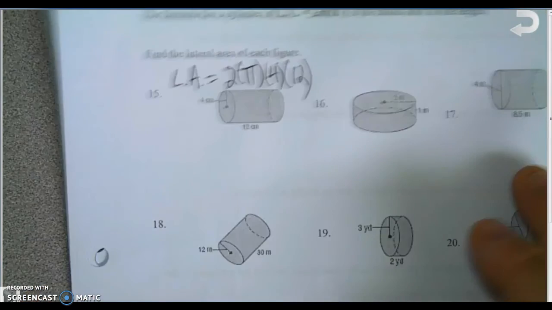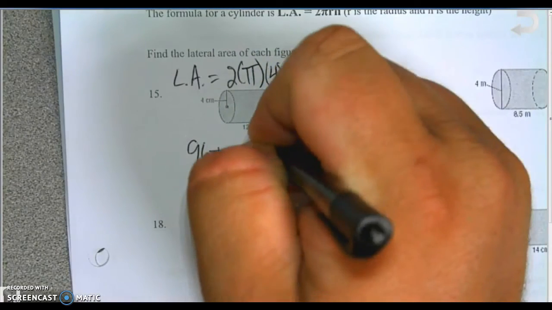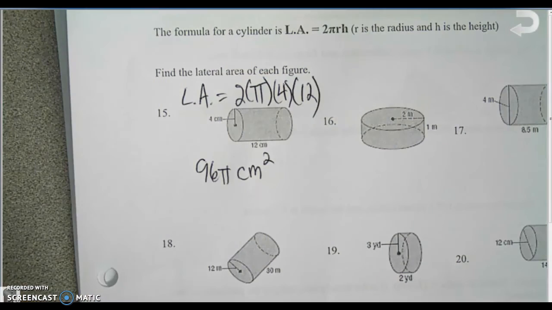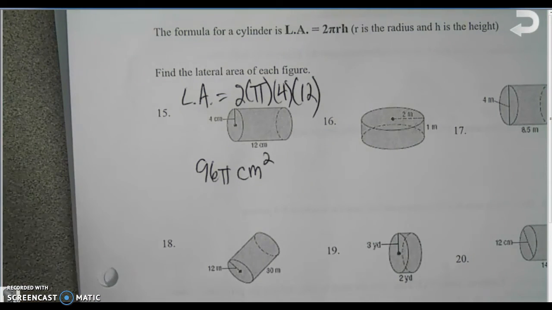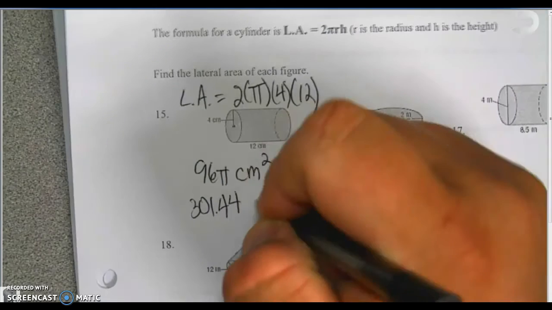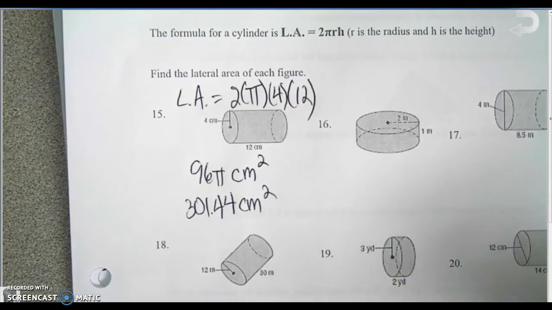And so essentially our answer is 96 pi centimeters squared. But we want to go ahead and also write that out in decimal form. And so it is 301.44 centimeters squared.